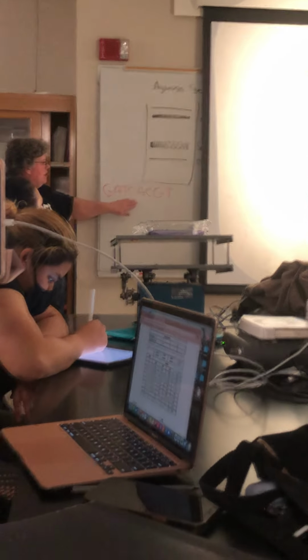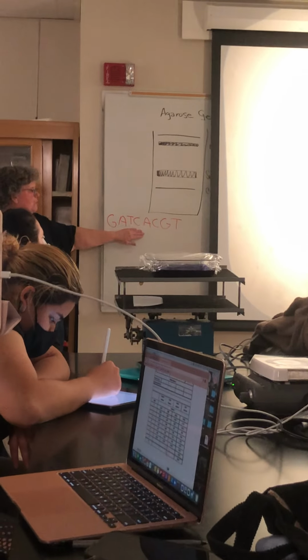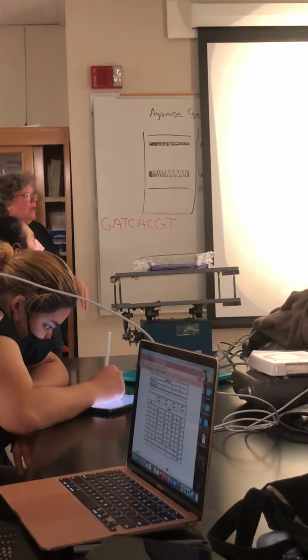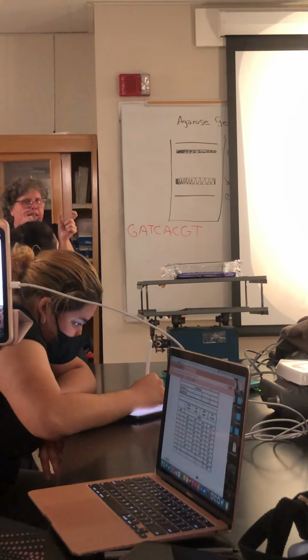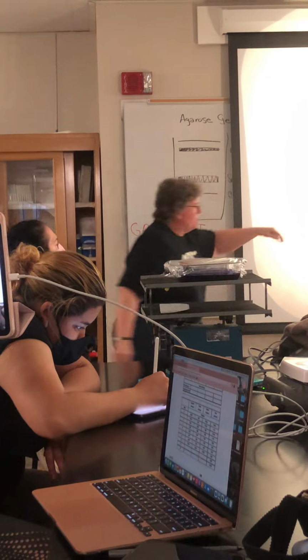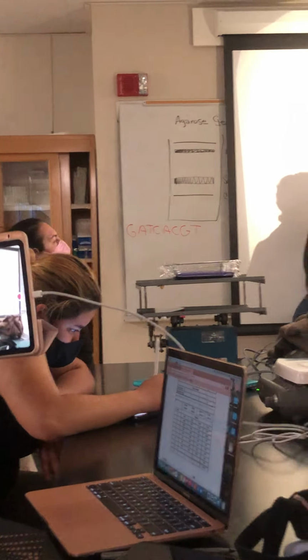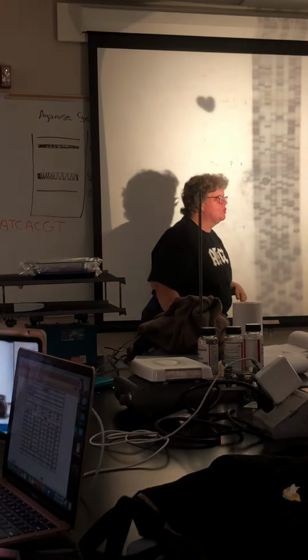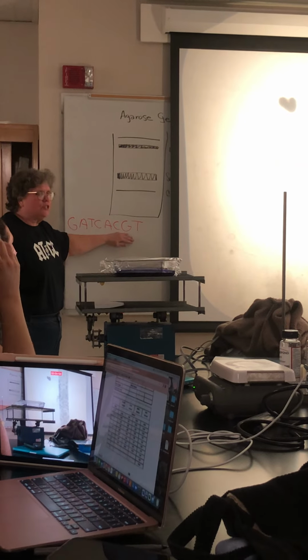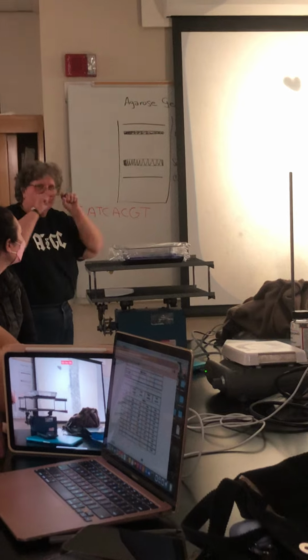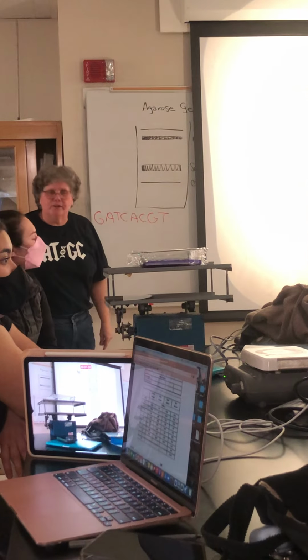Otherwise, if you only have the first 4, G, A, T, C, there might be a place where you can see that there's a G and a C, but maybe you can't see which one's higher than which because they're really close. Well, then you go to the place where a G is right next to a C, and because they're right next to each other, you'll be able to see which one is higher.